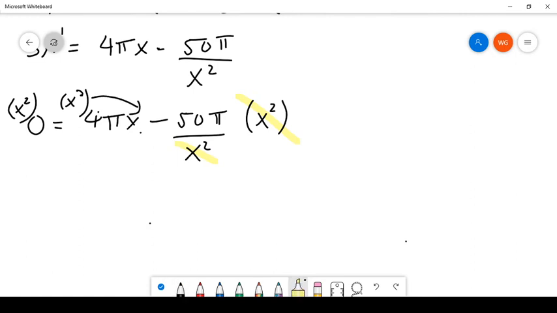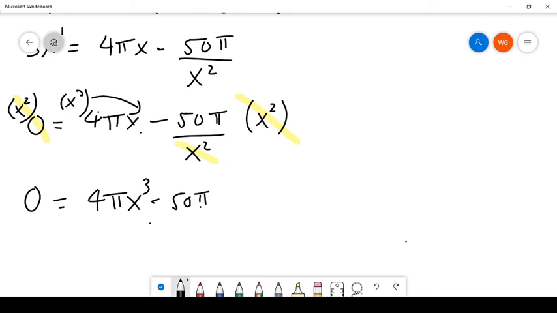And of course, 0 times x squared is just 0. Here's what we have: 0 equals 4 pi x cubed minus 50 pi.